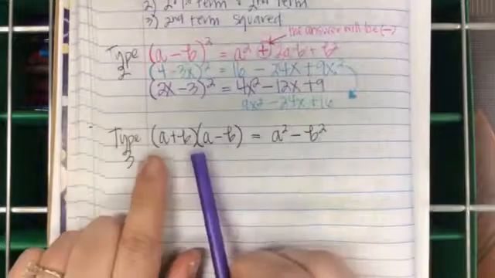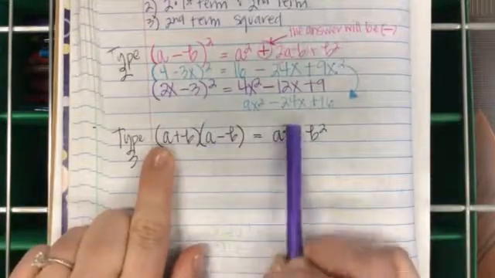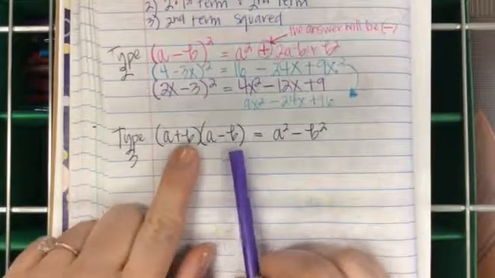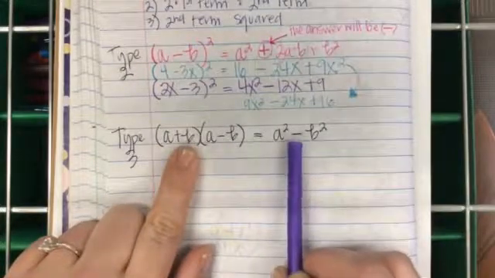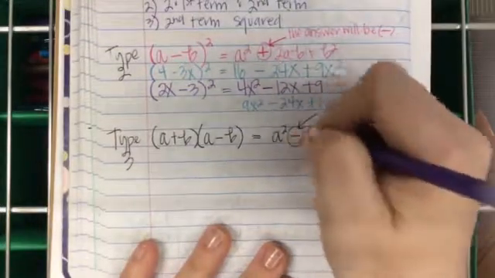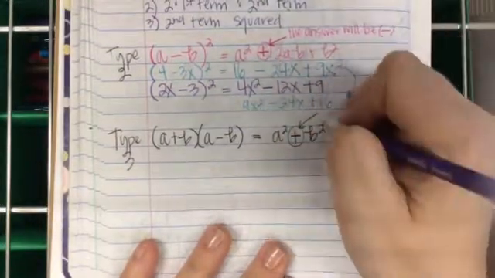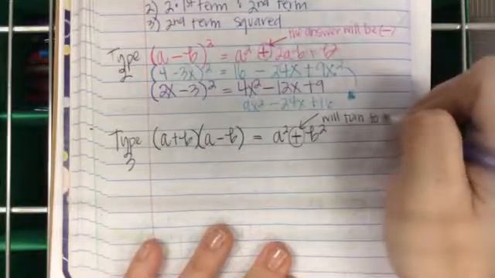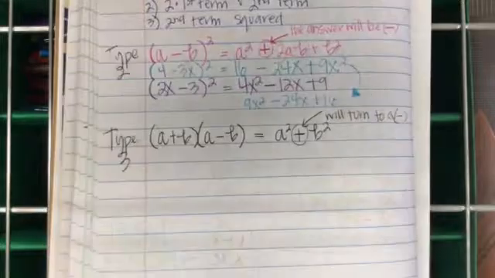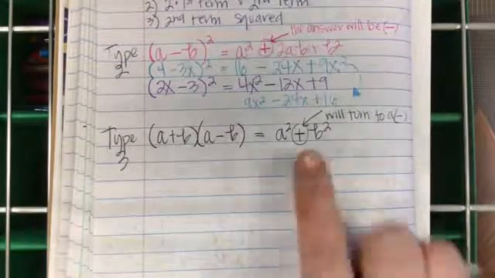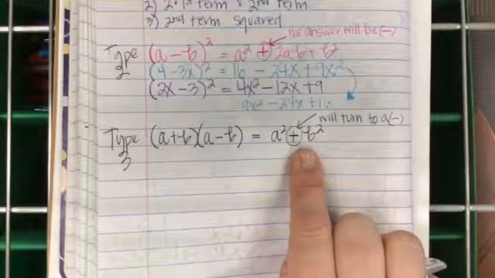So, a squared, a times a is a squared. And then you do b times b, and you always put, I guess let's make that a positive, will turn to a minus. And why will this always be a negative?